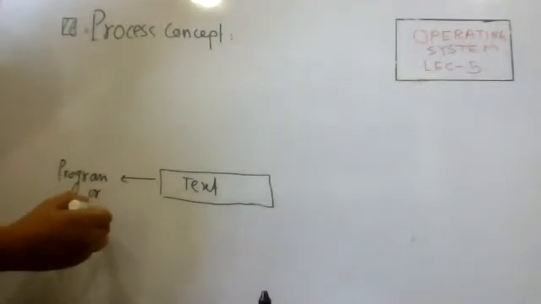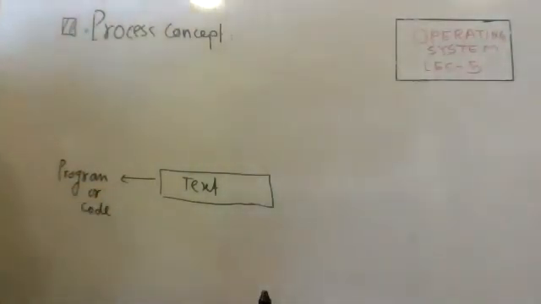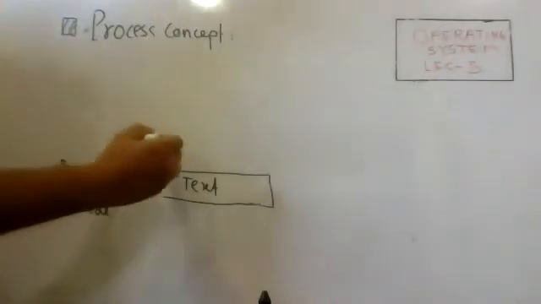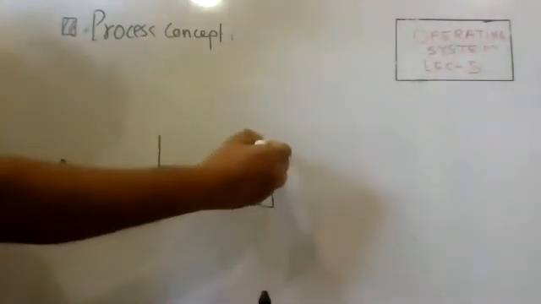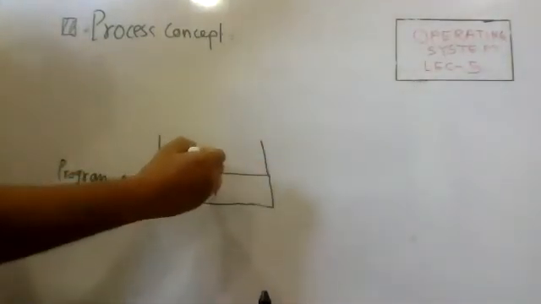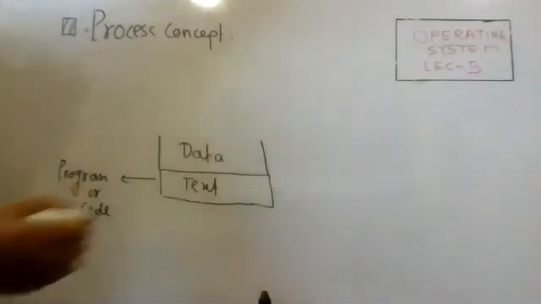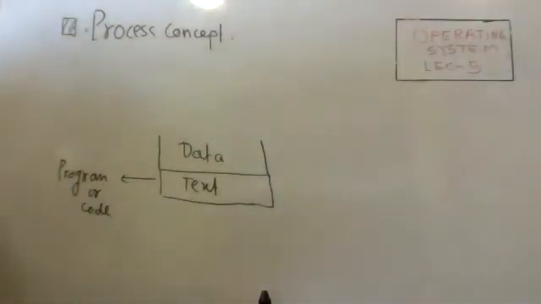Now we have another section, called the data section. This data section contains static variables or global variables. I think all of you know what static variables and global variables are.